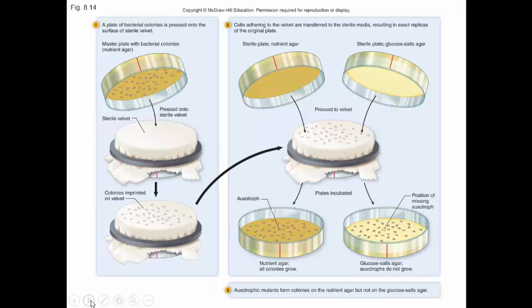Okay? Now, how do I know what's what on those colonies? Well, if you're trying to study a bunch of different colonies, there is a very safe and nice process called replica plating. You may see this also in your lab exercises or maybe a YouTube video, but it basically goes like this. You use sterile velvet, and you replicate the colonies on each plate. You take a master plate of bacterial colonies and press it onto the sterile velvet.